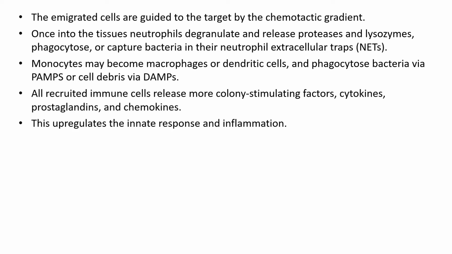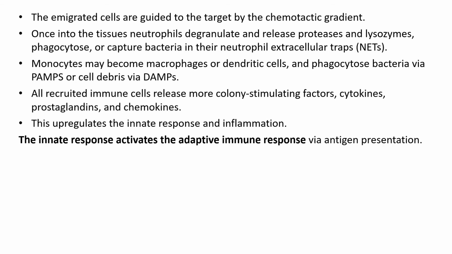So we get an upregulation of the innate response and inflammatory processes. The innate response, then, if you remember the link, is an antigen-presenting cell. So phagocytosis results in an antigen-presenting cell that's presenting specific antigen to lymphocytes. That then activates our adaptive response.